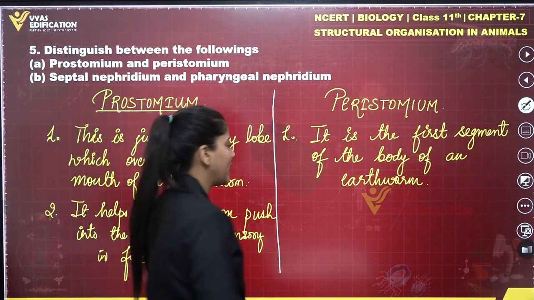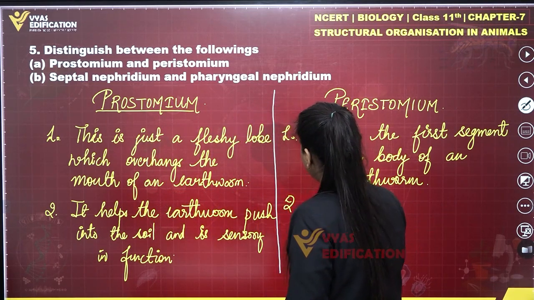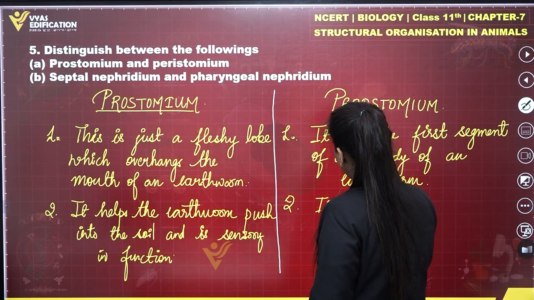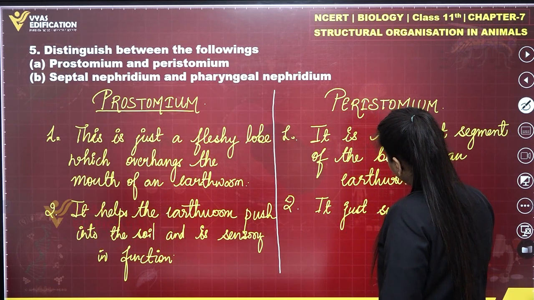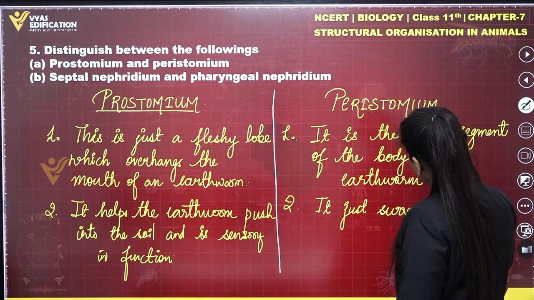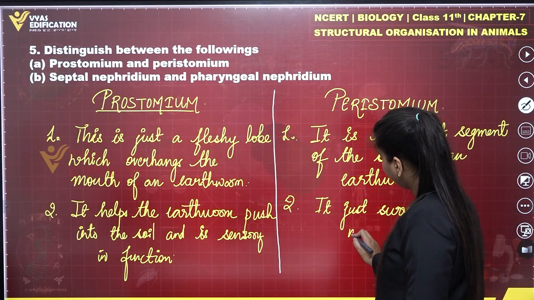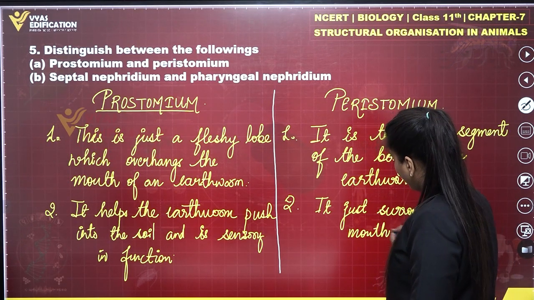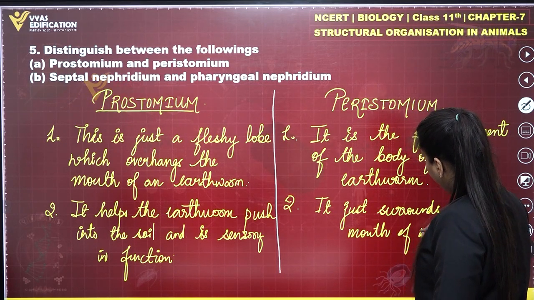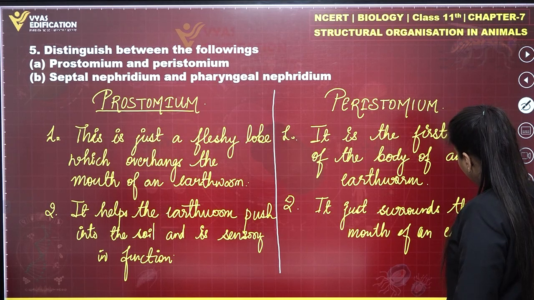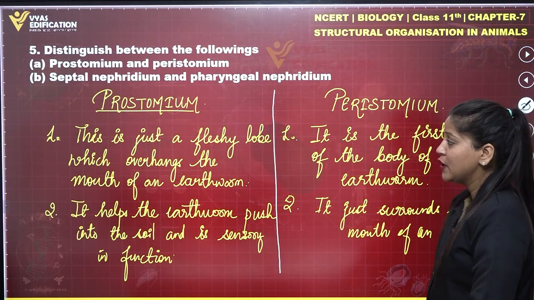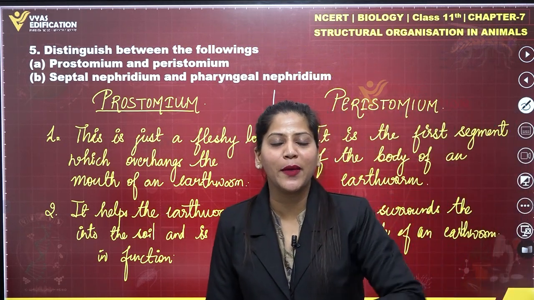The next point for peristomium is that it just surrounds the mouth of an earthworm. So this is the difference between prostomium and peristomium.